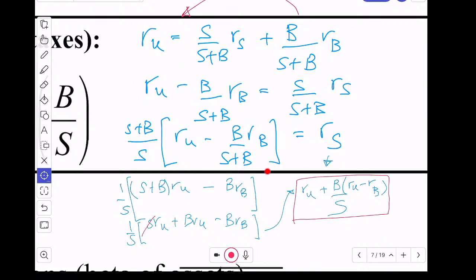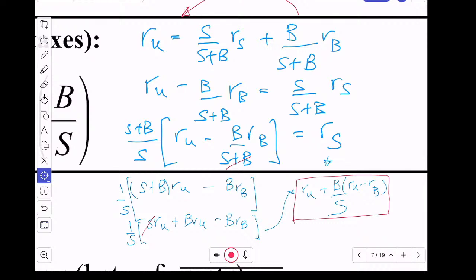So this goes in the bracket and I cross multiply. So when I cross multiply, I leave the S out here, but I distribute the S plus B here and here, but you see it canceled with this one on the bottom. So that's why I just have B.